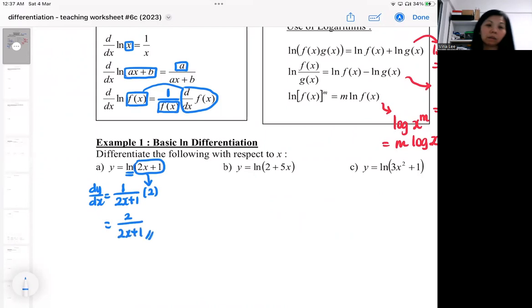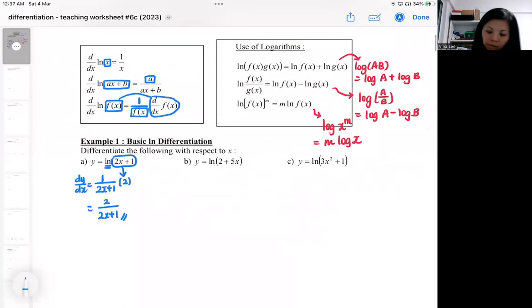It's quite easy to do this mentally. Then as for this one, disappear the ln first. And then you differentiate the function. So this is a linear function, quite easy to differentiate. You will get a 5 if you differentiate that function.